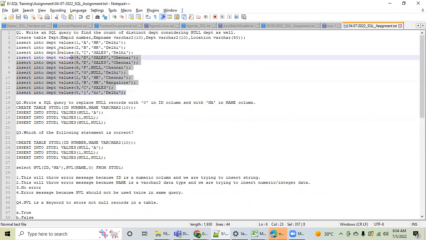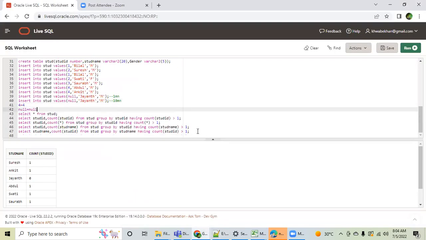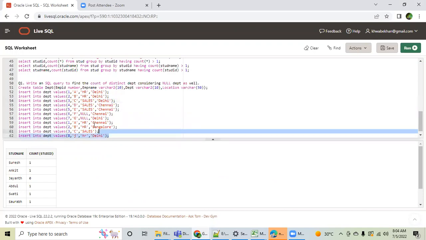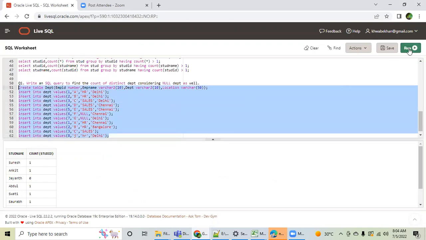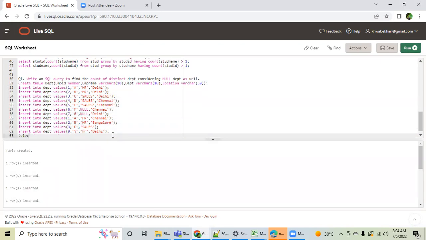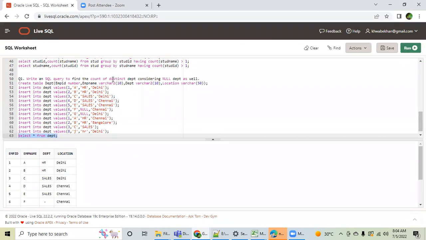This question, have you guys tried this one? Only one person, I think, has done it correctly. So I will explain this question first of all. See here, the question is to find the distinct count of distinct department, right?